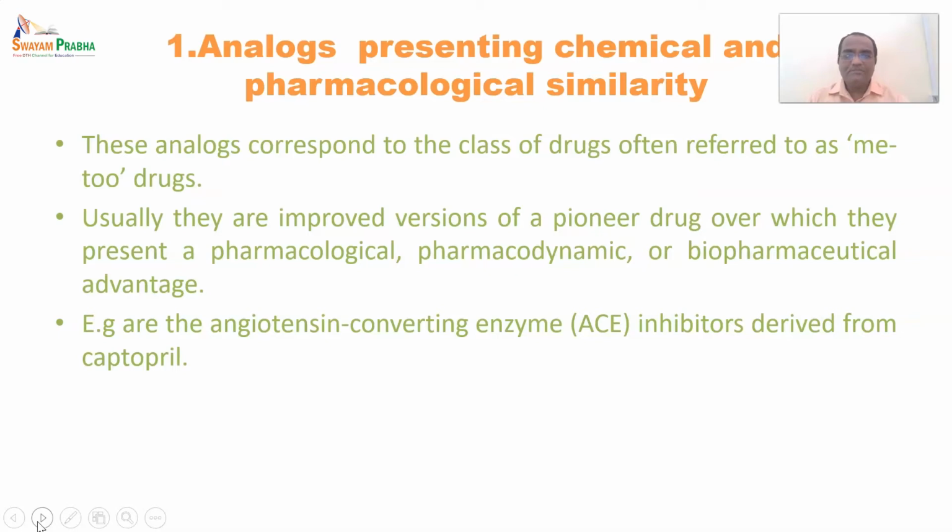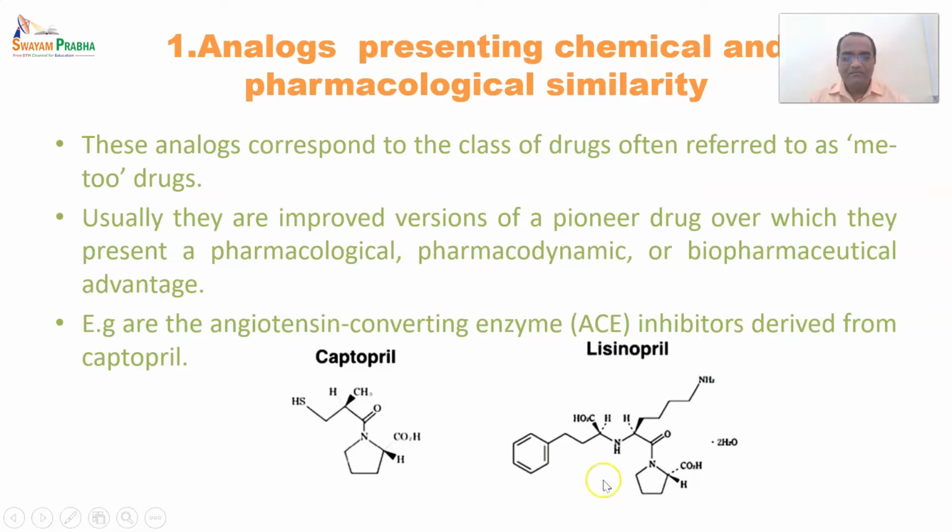Looking towards an example of this class, that is ACE inhibitors, angiotensin converting enzyme inhibitors. Captopril is one lead molecule, and this lead molecule has been converted into one having a similar basic structure. So this is the structure of lisinopril. Chemically they are similar. Here you can see that a similar kind of ring is present, and after that there are little modifications on the drug molecule.